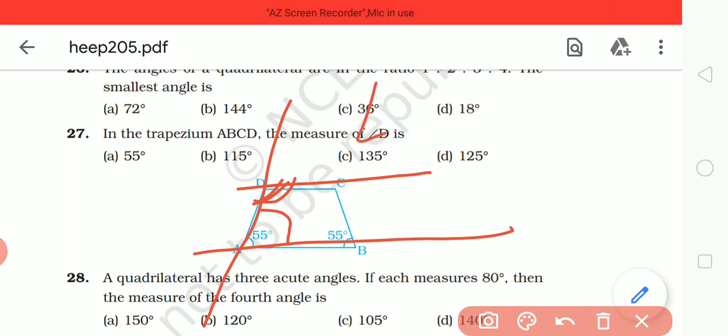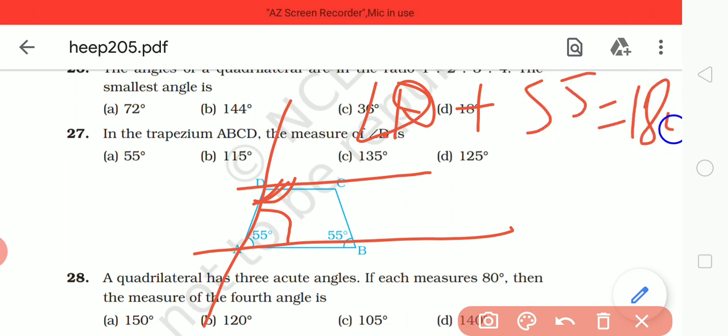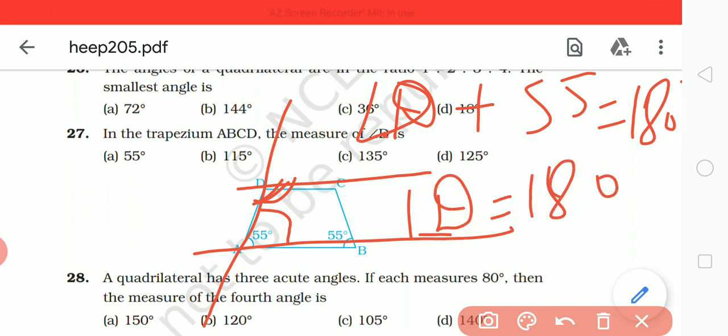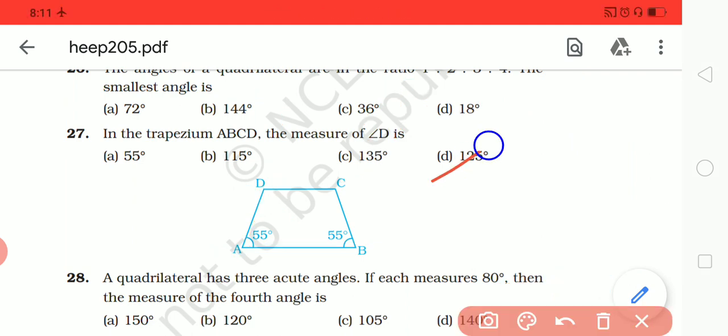So angle D plus this 55 equals 180 degrees. So angle D is equal to 180 minus 55, which gives 125 degrees. Let us see the option D.